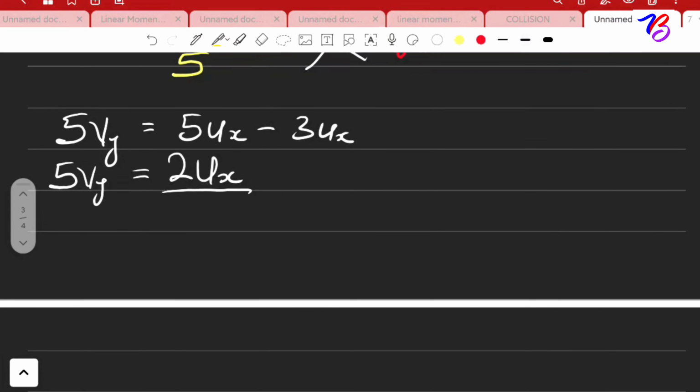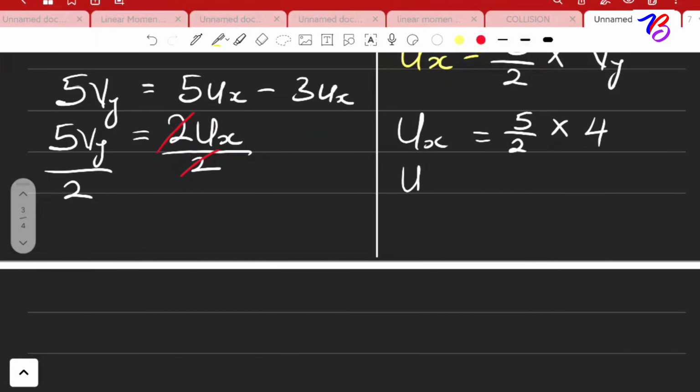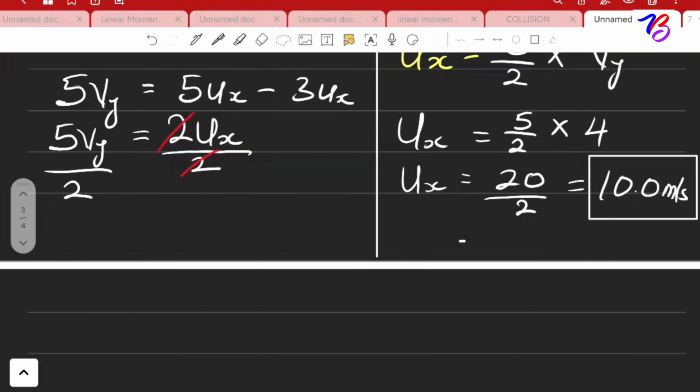Dividing through by 2, u of x is equal to 5 over 2 multiplied by v of y. Recall that v of y is equal to 4. So u of x is equal to 5 over 2 multiplied by 4, which is 20 over 2, equal to 10 meters per second. This is the solution to the problem.